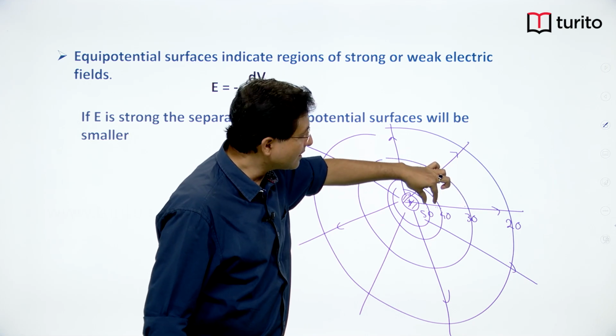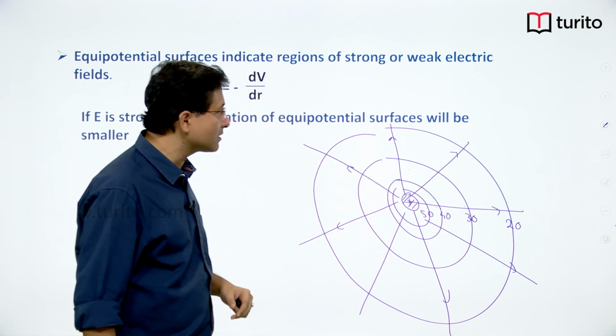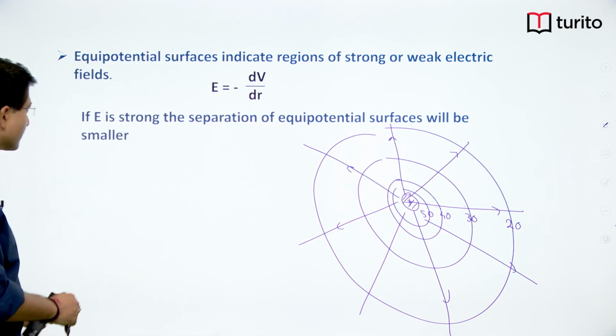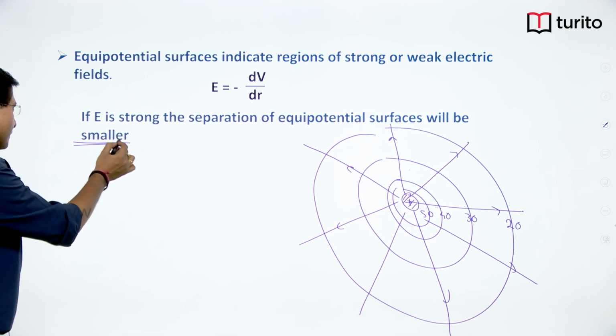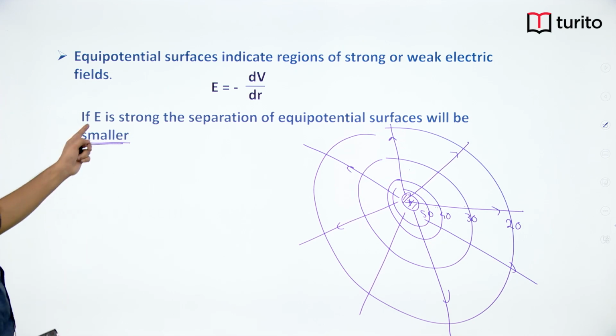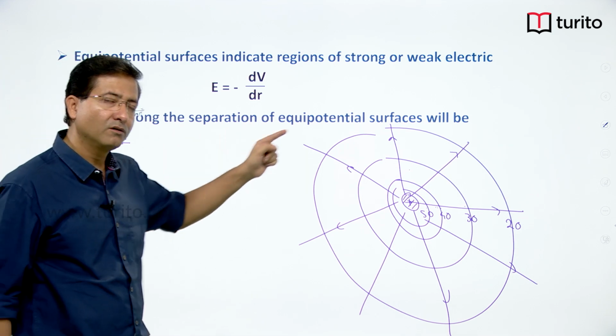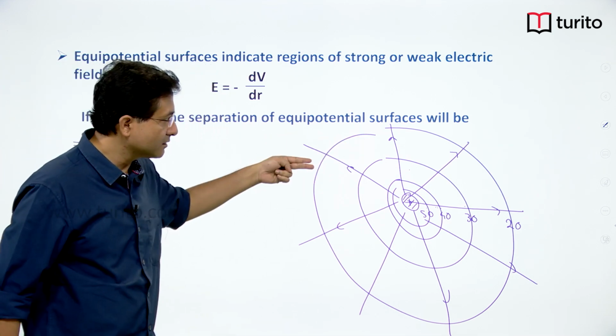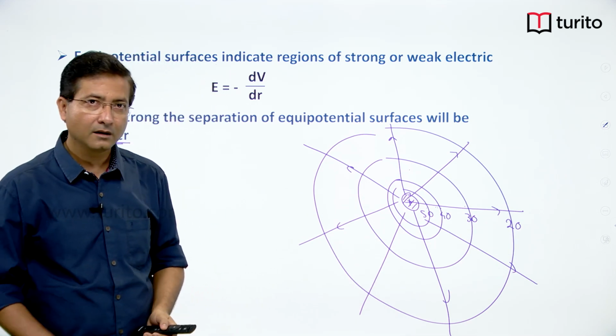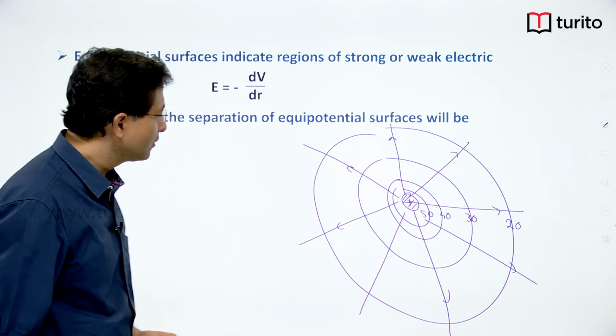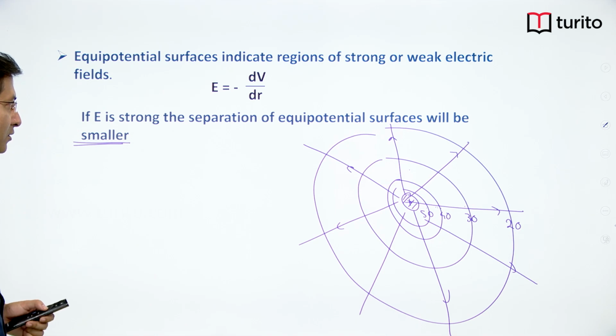So, where field lines are stronger, the gap between equipotential surfaces will be smaller. If E is strong, the separation of equipotential surfaces will be smaller. You can see it in this example, right. So, this third point is also clear.